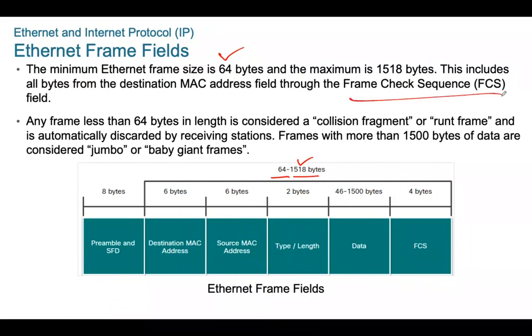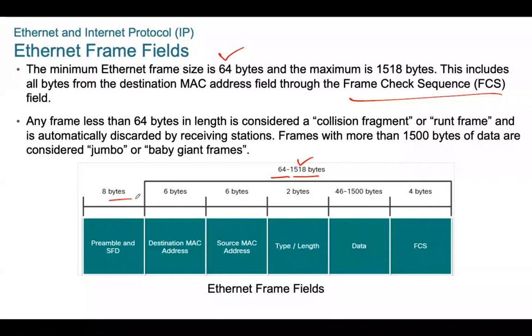The frame check sequence is used to check whether the frames are received correctly or not. During transmission the frames may be damaged, so on the receiver side they use the same frame check sequence to check whether the bit sequence is correct or not.